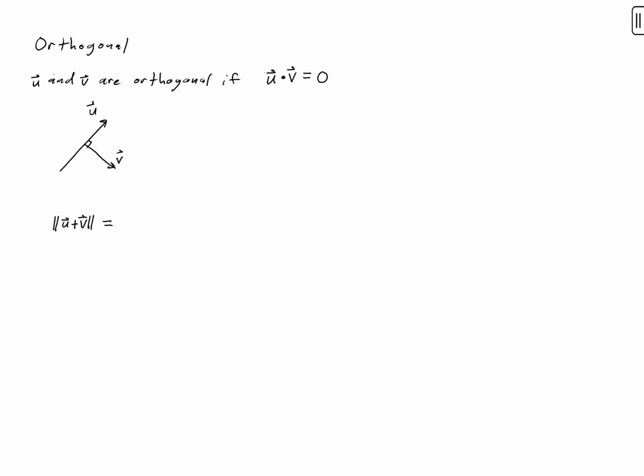Well, we're actually looking at the distance between u and negative v, which makes this u plus v, squared is equal to the length of u squared plus the length of v squared minus something.